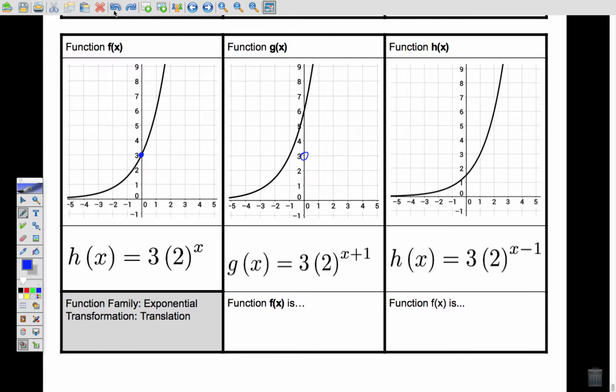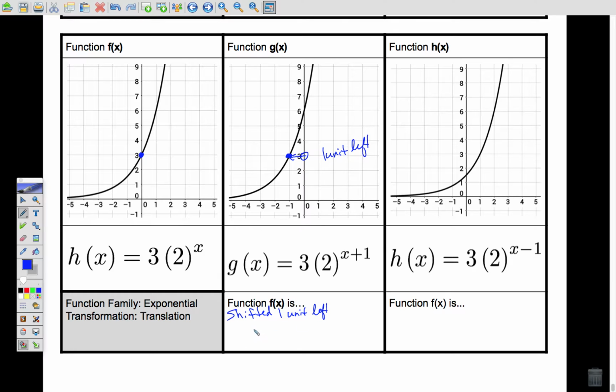But we can see, okay, here's this point. Let's look at these horizontal ones. It was right here. So I can see that it was here, but then it shifted 1 unit left. And so the function f of x is, and we said shifted 1 unit left.